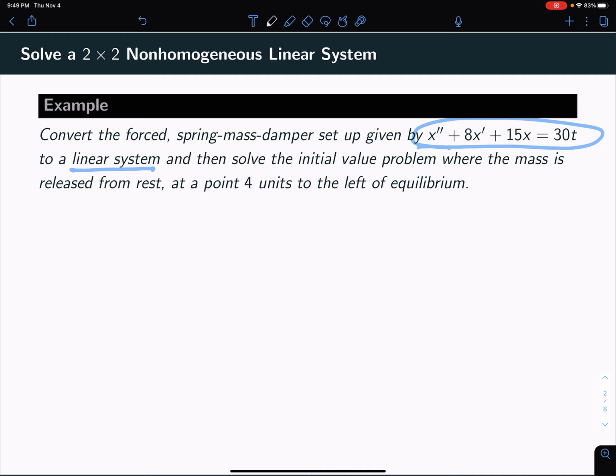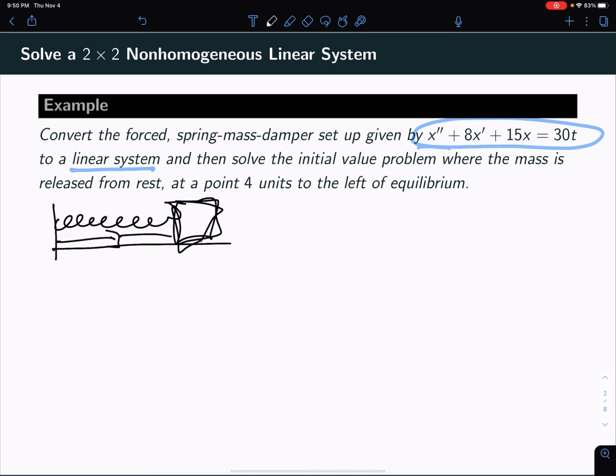So what's happening here, at least conceptually, is you've got a spring mass damper setup, and maybe a little rocket engine shooting a force, because we've got a forcing term, maybe pushing the mass to the right.